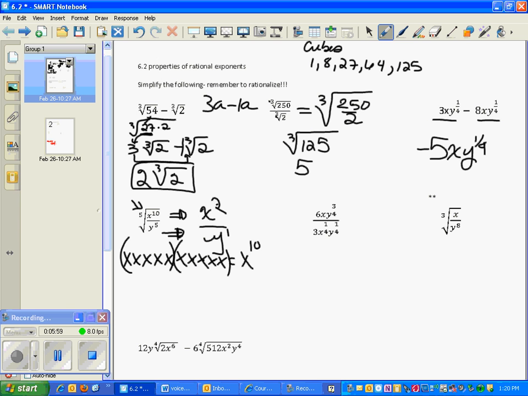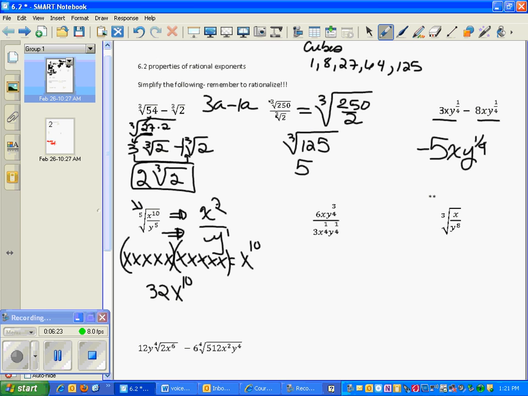Because I don't have a coefficient, I have an exponent. If I wanted 2x, then I would have had to have 32x to the 10th, so that I would take the fifth root of 32 and the fifth root of x to the 10th. I'm only going to have a coefficient, Ellen, if there's a coefficient originally in the problem.